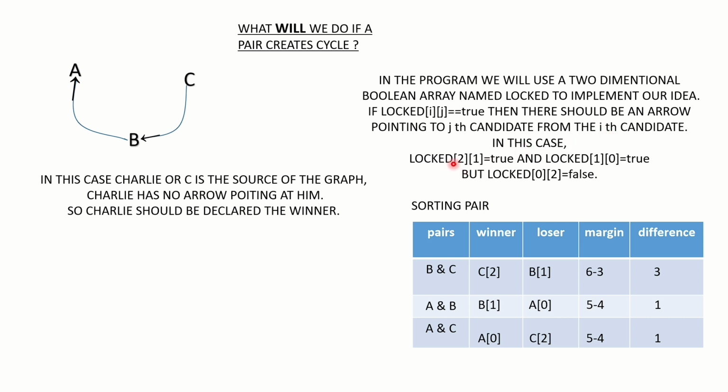In this case, locked[2][1] is true, and Bob is referred by 1 and Alice is referred by 0. So locked[1][0] is true, but we have seen that we cannot lock A to C. That means we cannot lock [0][2]. So locked[0][2] is false.